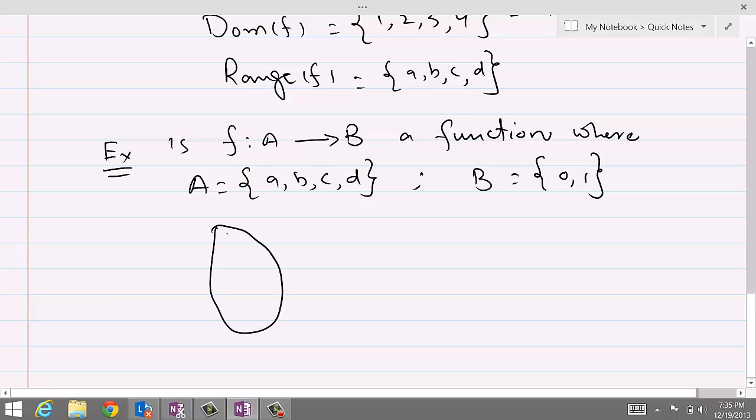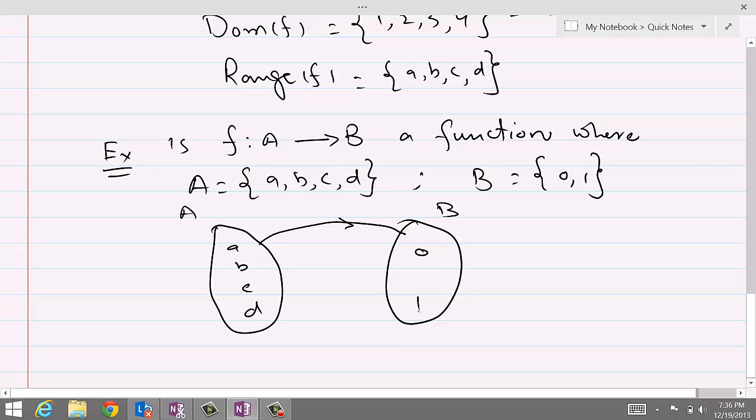If we draw the same figure, let's say this is A, this is B and f is this relation. So here a, b, c, d and 0, 1. a is associated with 0, b is associated with 1 and c is associated with no element in B and d is associated with 0 again.